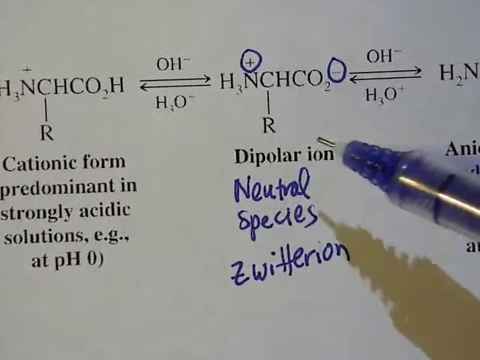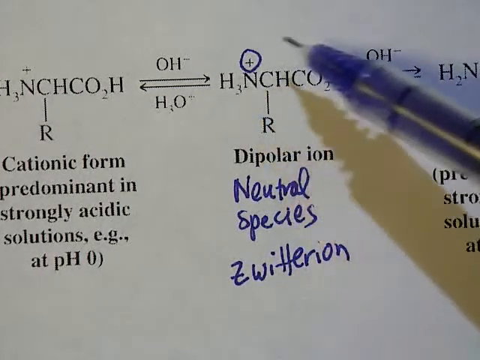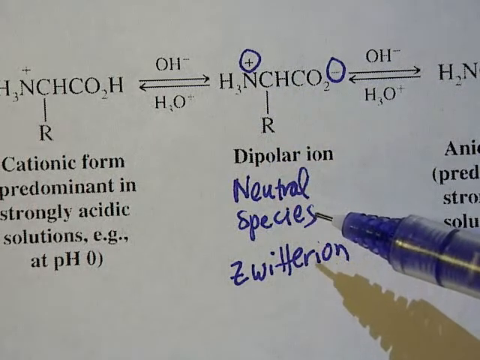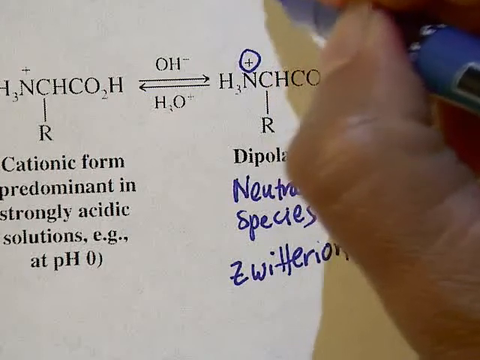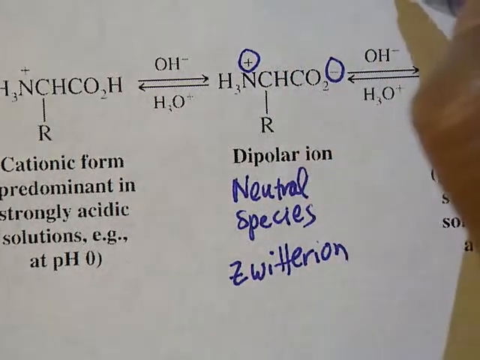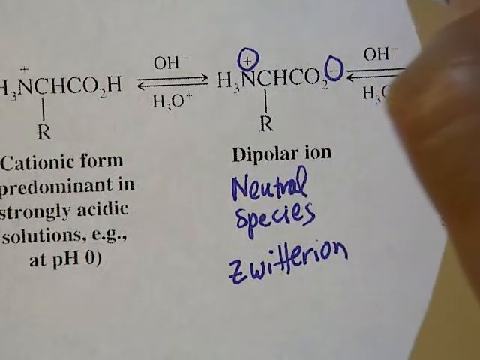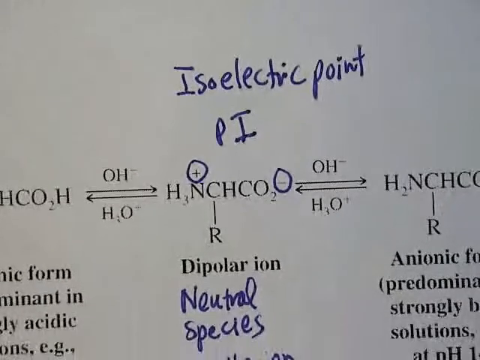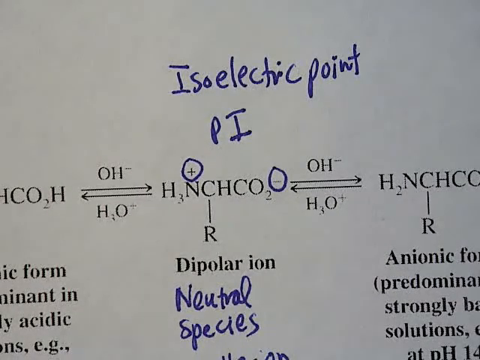The pH at which the amino acid exists as a neutral species is called the isoelectric point, abbreviated as pI, of that amino acid.